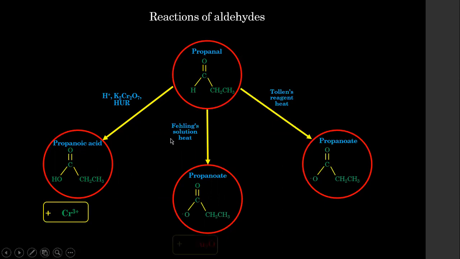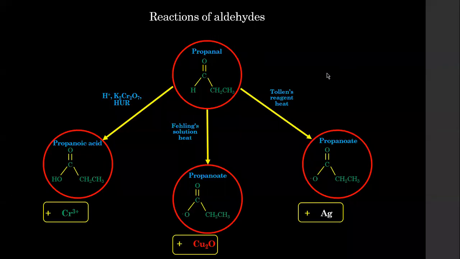And during the reaction, Cu2+ makes a red-brown copper(I) oxide precipitate. And then finally, Tollens reagent makes silver atoms by undergoing reduction. These silver atoms deposit on the test tube wall and give us a beautiful silver mirror.